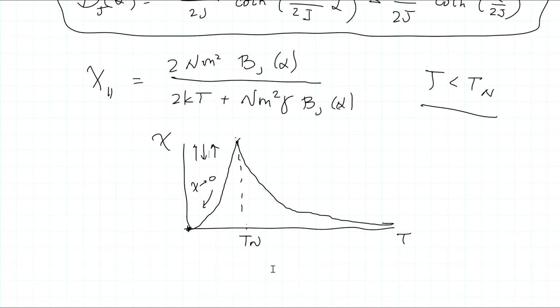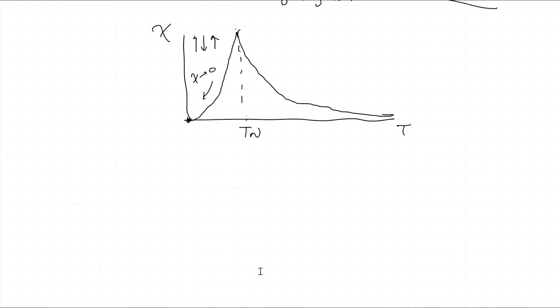Also it should be noted that we have H and M. They are pointing in the same direction or the opposite direction. If you remember, the torque applied on the magnetic moment is M cross B. In this case, magnetization and magnetic field are parallel, so the torque is equal to zero.